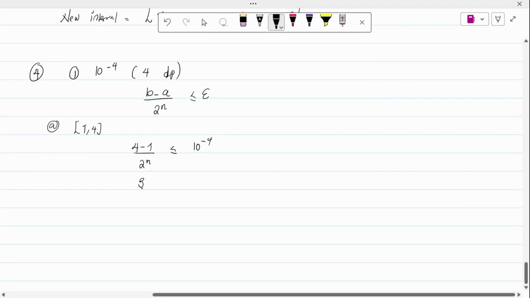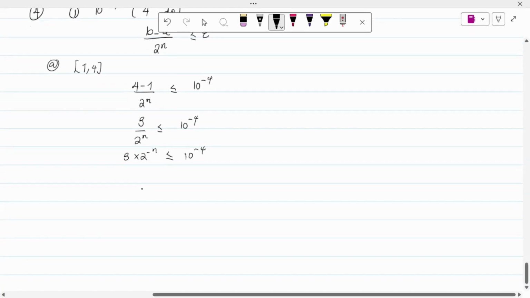So you have 3 over 2 to the power n less than or equal to 10 to the power negative 4. Here you can take 2 to the power n to the top, so this becomes 2 to the power negative n. And you can divide both sides by 3, so it's 2 to the power negative n less than or equal to 10 to the power negative 4 over 3.